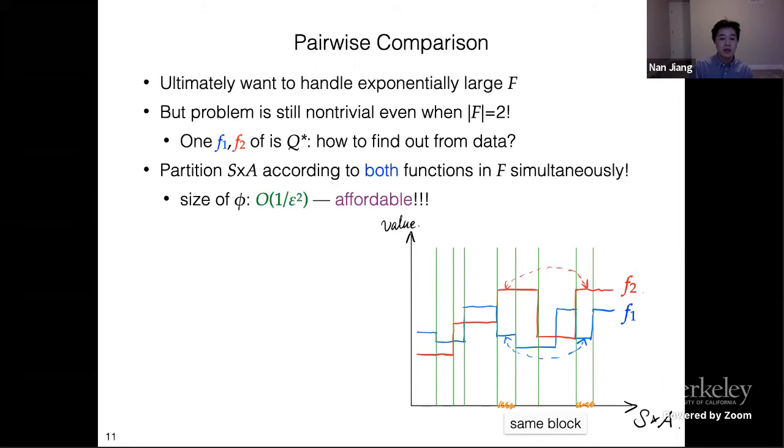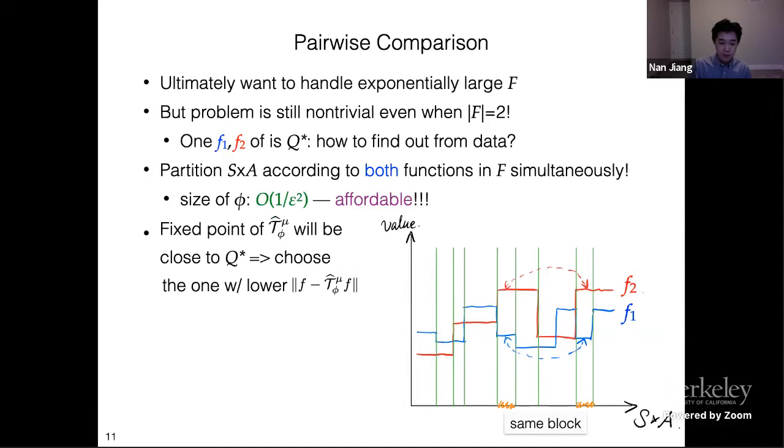If you do that, with the same reasoning as before, you create a partition of the state action space that has a well-controlled size, which is 1 over epsilon squared. The square is because we're now considering 2 functions instead of 1. But if all we want is a polynomial guarantee, this is totally affordable.